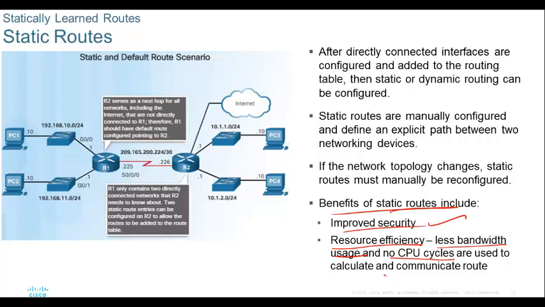When you write a static route, there is no update sent, so no bandwidth consumed. There is no algorithm running, so no CPU utilization. So these are the benefits of static routes.